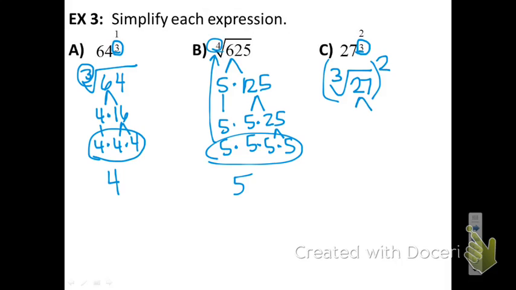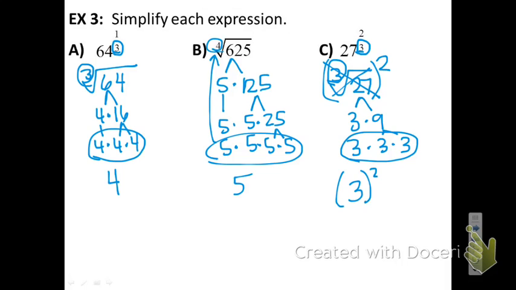So I'm going to think 27 is 3 times 9. 9 breaks down to 3 times 3. So I need 3 of these. So if I have 3 of them, I can bring 1 out, and that takes care of this piece, but I still have a squared, so 3 squared becomes 9. I'm going to show you how to type this in your calculator with the next example.